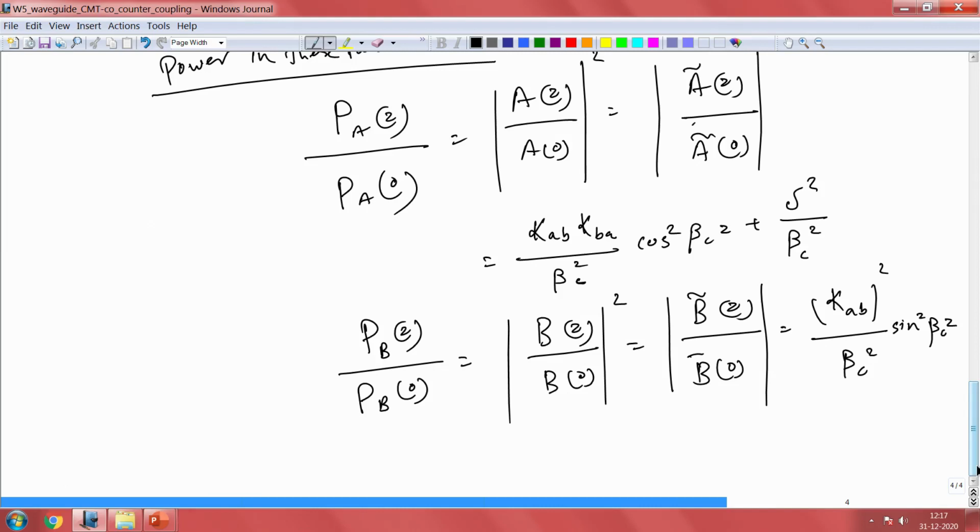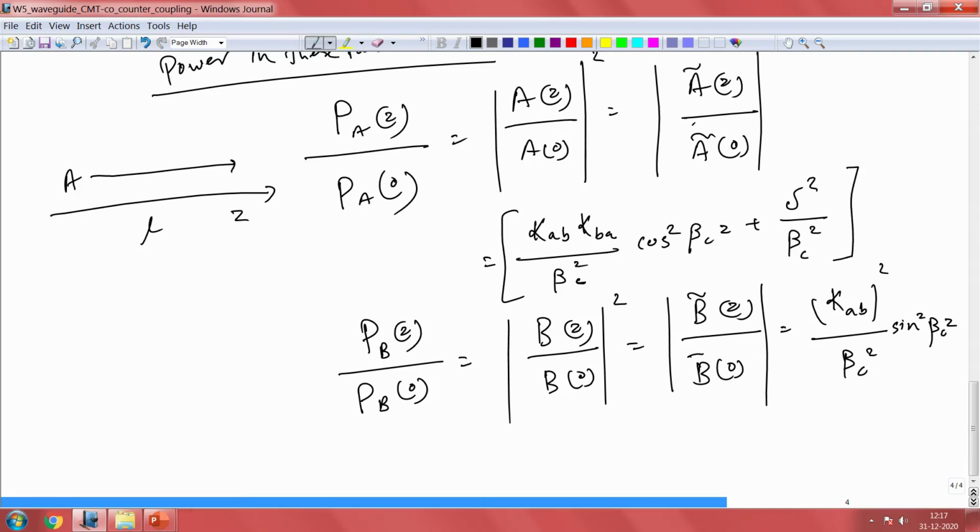So, how the power evolves as a function of length, when the A wave is moving through, this is how the power is going to look like, right. So, these factors are going to affect your coupling, all right.